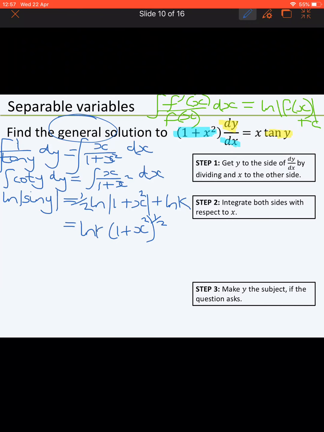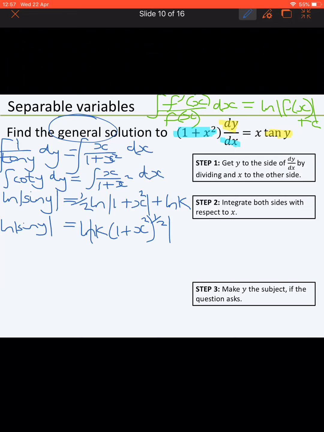So I can make that, let's put my modulus symbols in. Oh, that's wonky. That's supposed to read ln modulus k times 1 plus x squared to the power of a half. Okay, and that's what's equal to ln sine y.